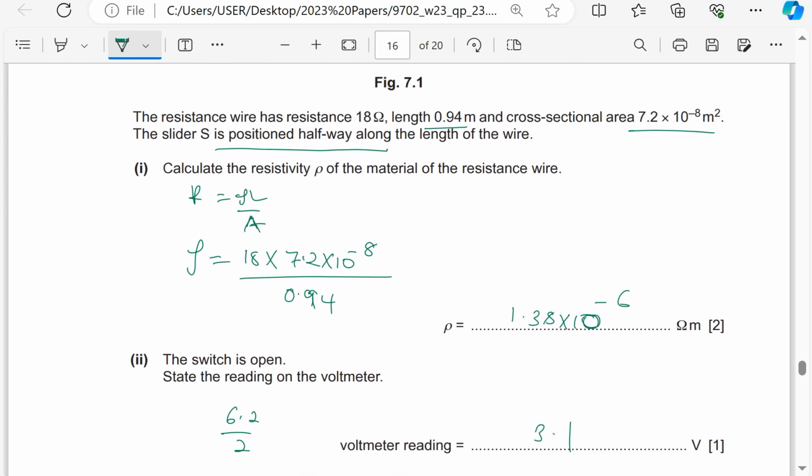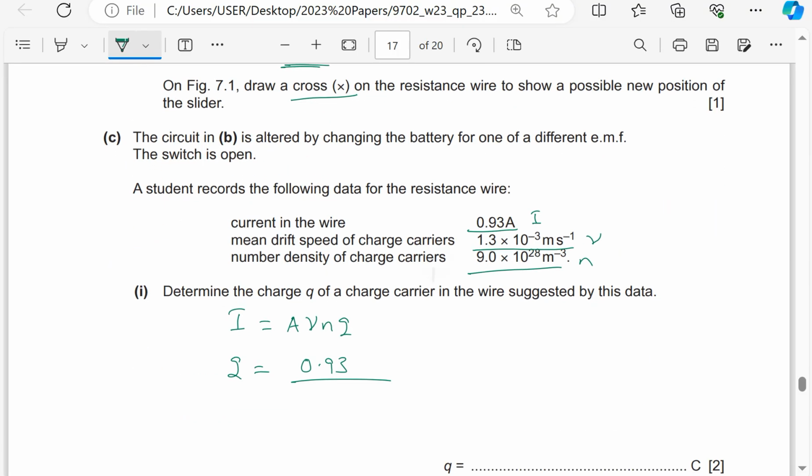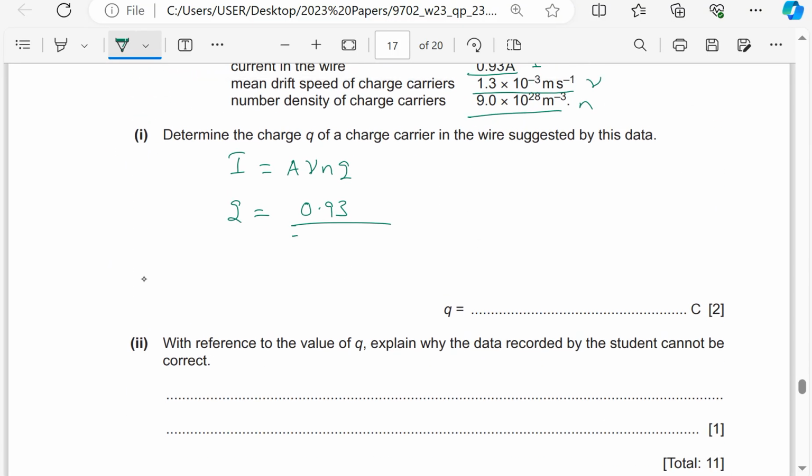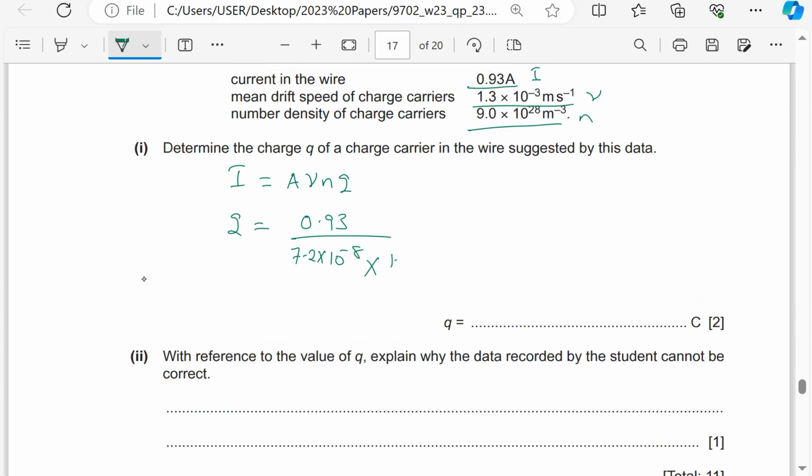The area is 7.2 times 10 to the power of minus 8. So that is 7.2 times 10 to the power of minus 8, then times v, drift speed is 1.3 times 10 to the power of minus 3, then times n, which is 9.0 times 10 to the power of 28.